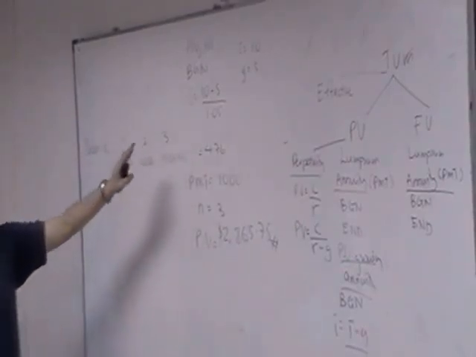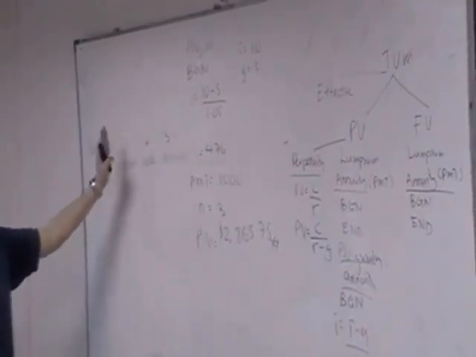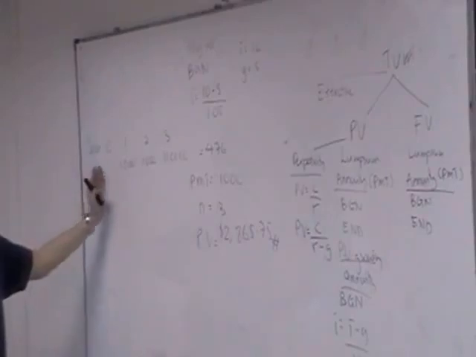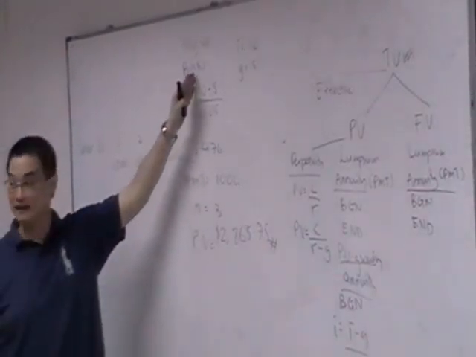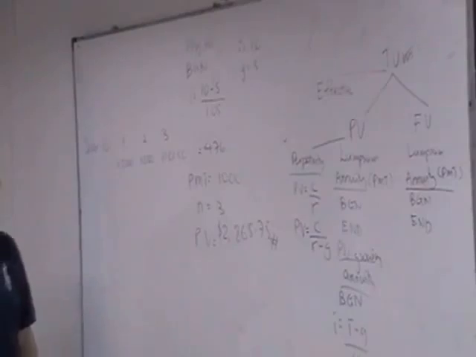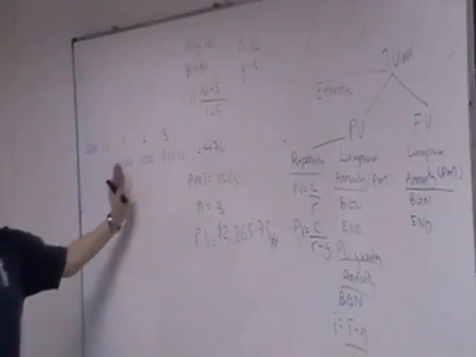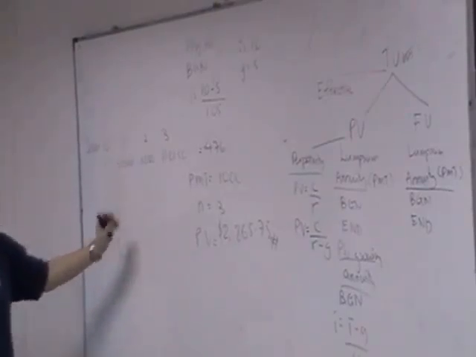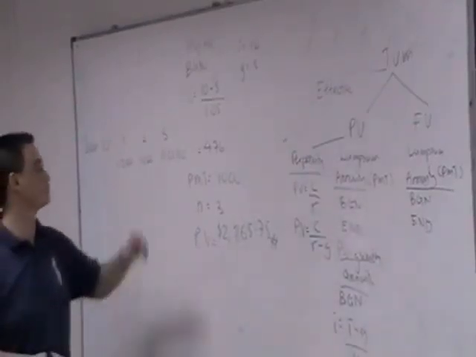Remember, in end mode, if your PMT is year 1, present value is year 0. Now, if this one is begin mode, your present value is at what year? Listen very carefully.